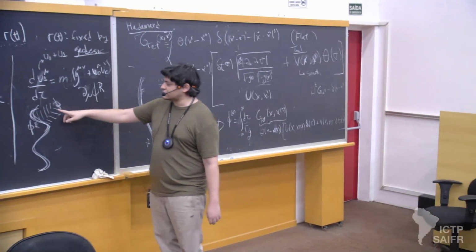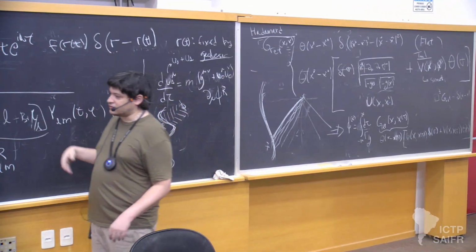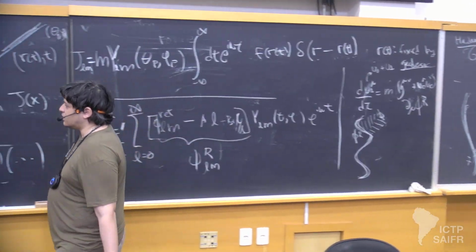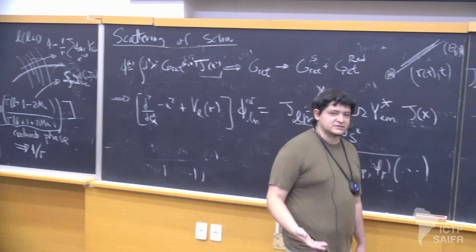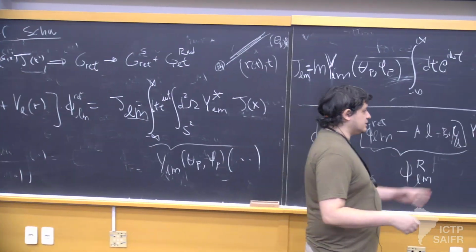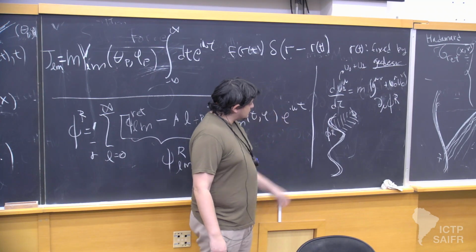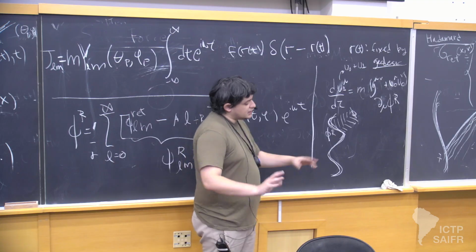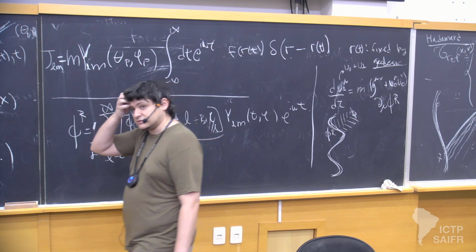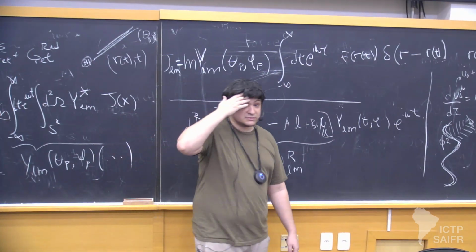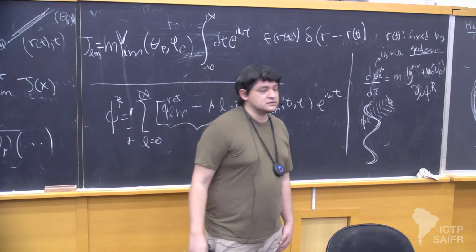All I'm doing is solving for this phi using the scattering idea of calculating the retarded propagator, which is again controlled by the scattering amplitude. But the orbit itself is not necessarily scattering. But yeah, I agree. There should be some way of getting the logarithmic terms from the scattering, which are these tail terms. I have no intuition of that. It's a good question.